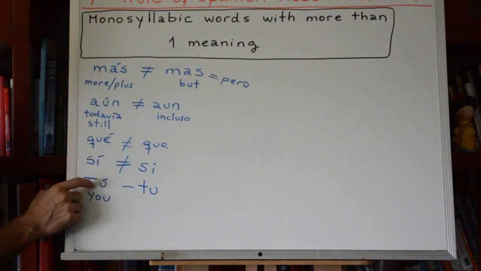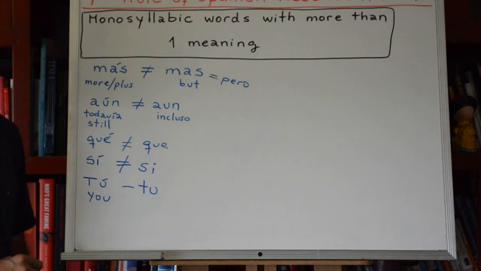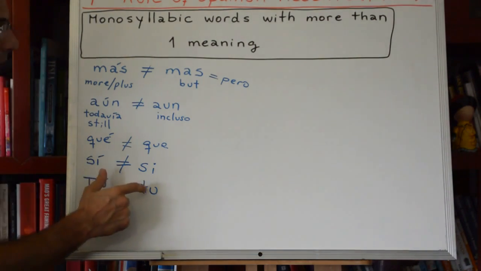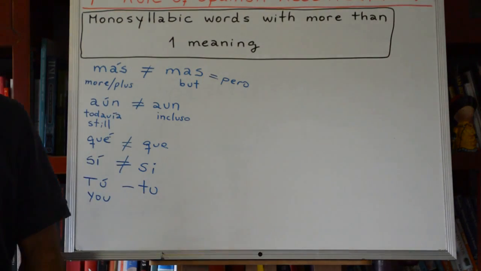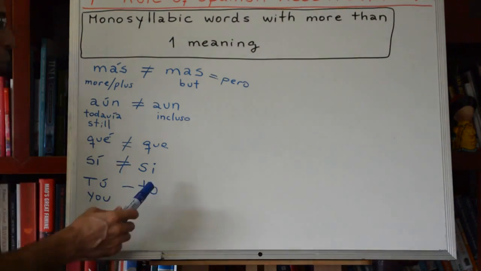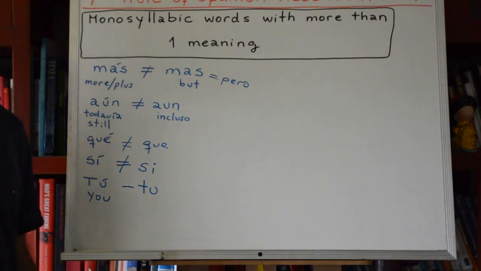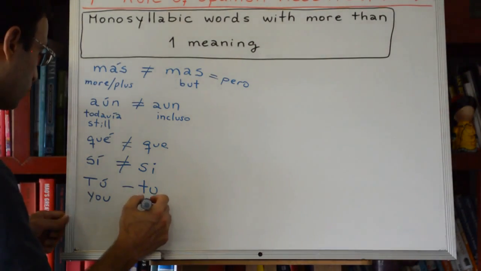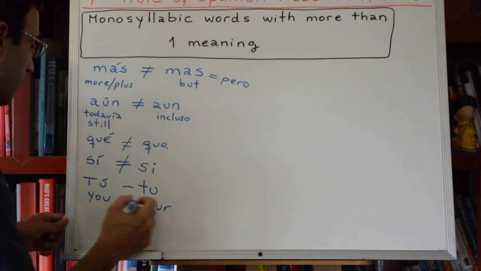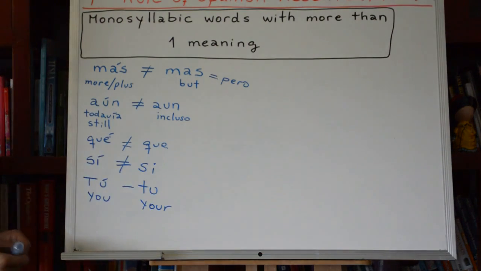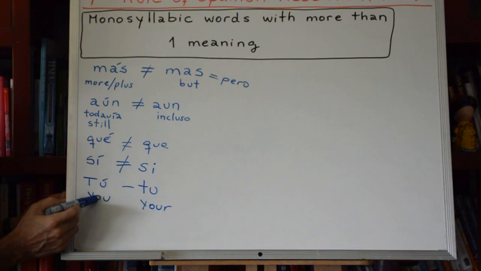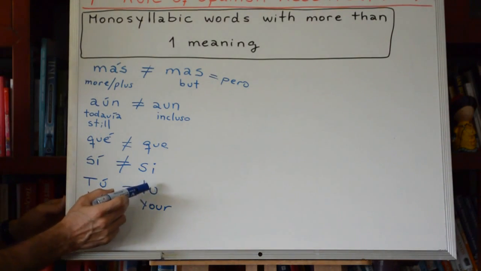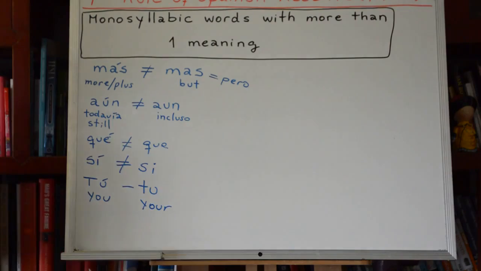Tú dijiste esto, right? Now, without the tilde, it is the possessive pronoun. Tu auto, your car, okay? So this one is your, and this one is you. Tú, you. Tu without the tilde, your, okay?